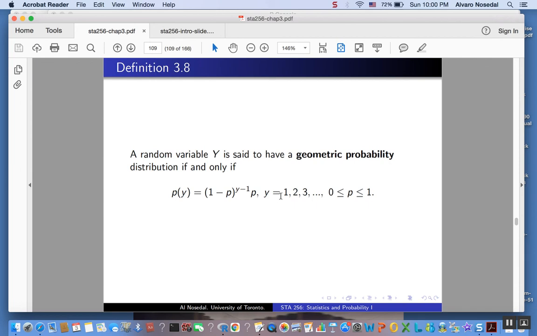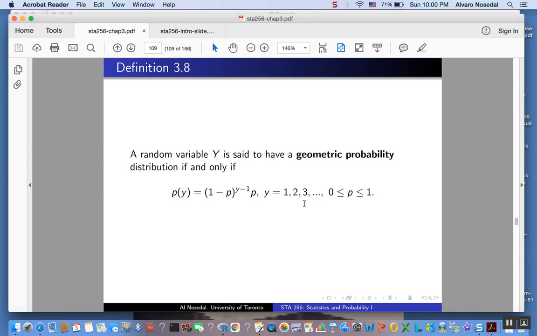And these are the possible values for that random variable, because Y again represents the number of trials performed until the first success. So you need to try at least once to get a success, right? And as we pointed out earlier, the possible values for that random variable Y are infinitely many. It could be any positive integer. Make sense?